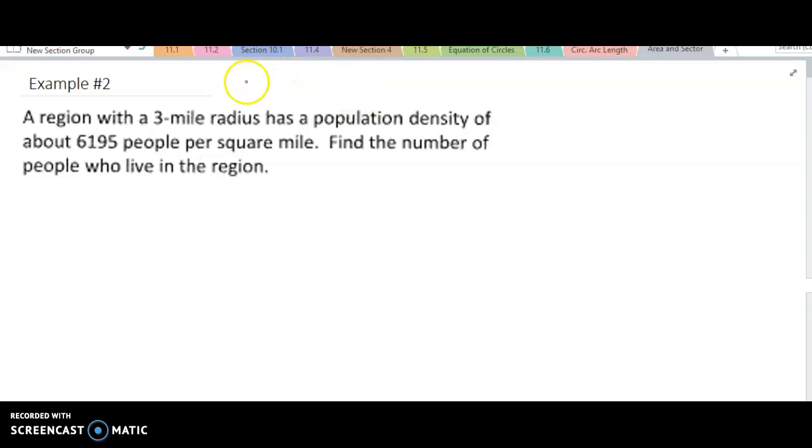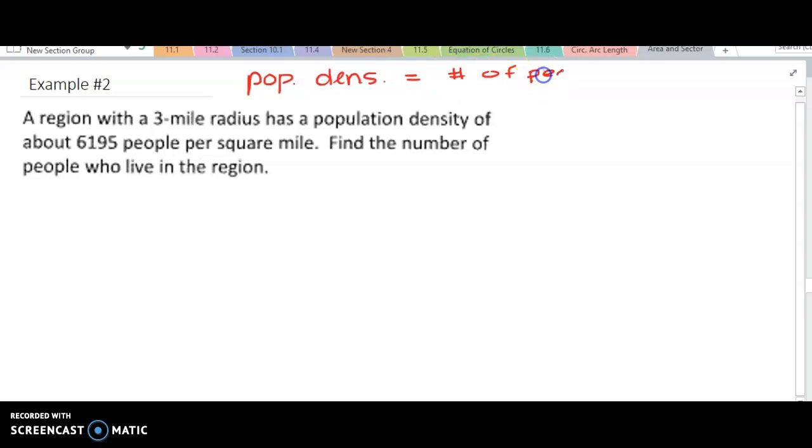All right, let's look at example 2. Now, if I write the formula up here again that I know I'm going to use, population density equals number of people per area of land.